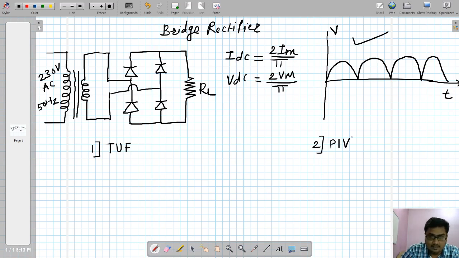What is the basic equation we have written for transformer utilization factor? Yes, it is output power, that is DC output power delivered to the load, means DC output available at the load, divided by transformer rating.